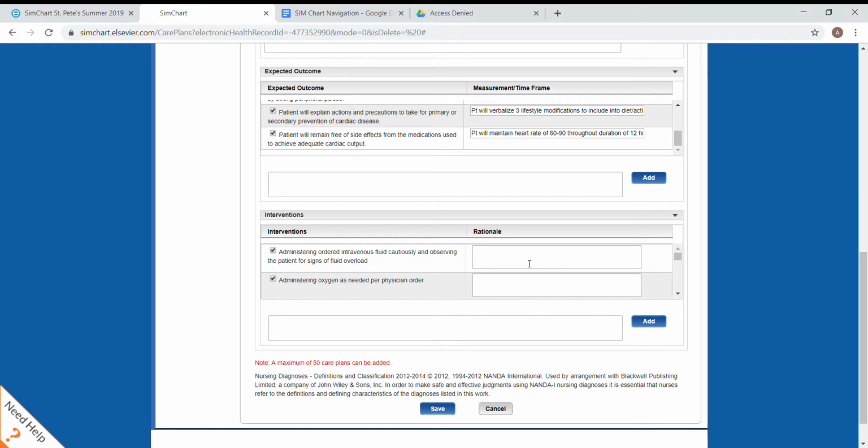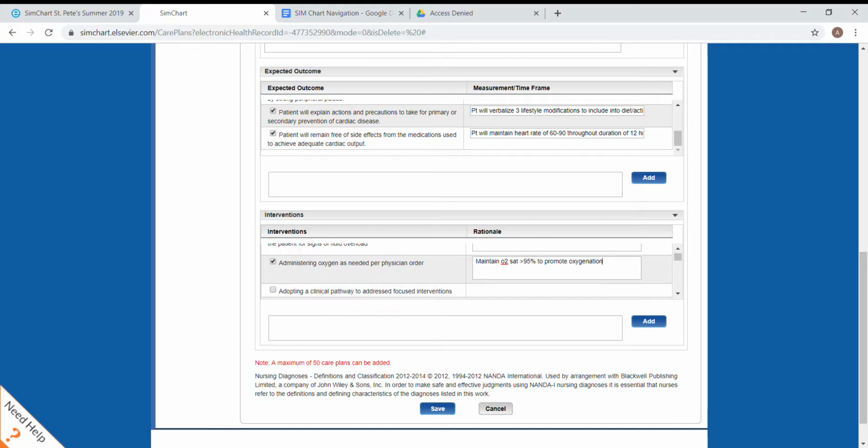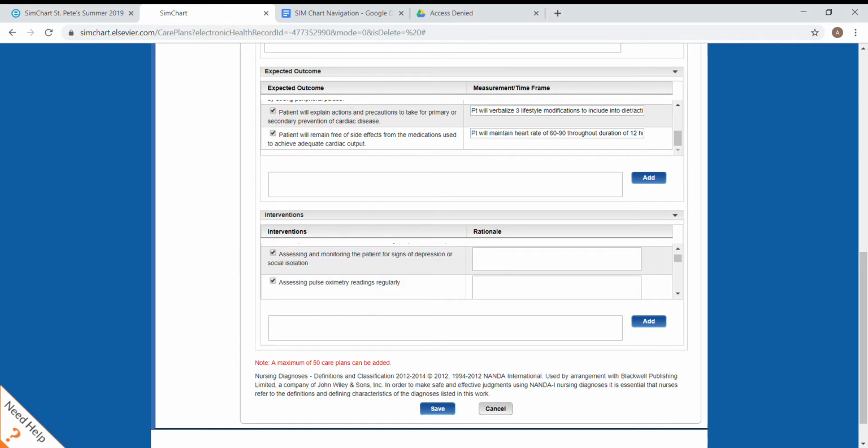Well, we don't want to put them into fluid overload and cause increased work of the heart. And then maintain O2 sat greater than 95% to promote oxygenation.